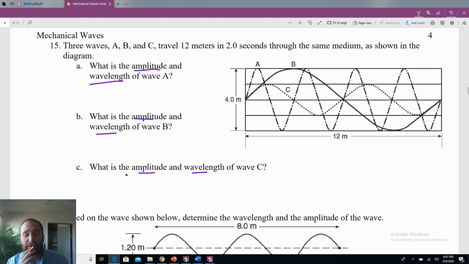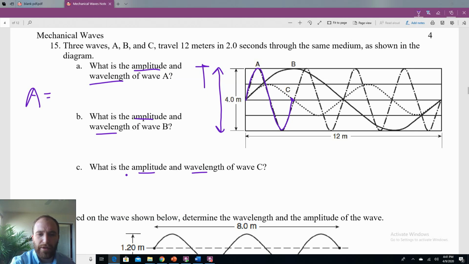Alright, it's a busy diagram, there's a lot happening, so I'm going to draw over these to highlight them. Wave A goes from here to here to here. Right, that's wave A. So let's do the amplitude first. Okay, this one's a little bit tricky, and I do like this question. This whole thing is 4 meters, right? But we don't measure the amplitude from the top all the way to the bottom of the wave.